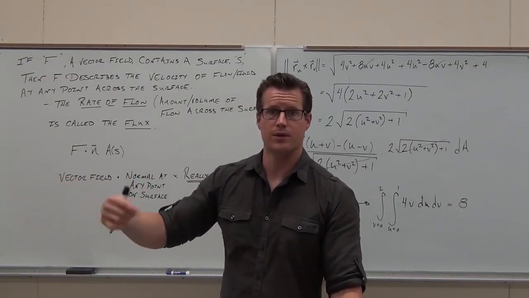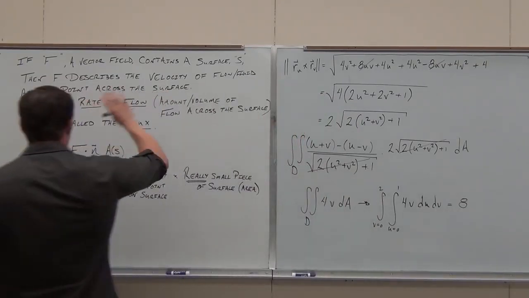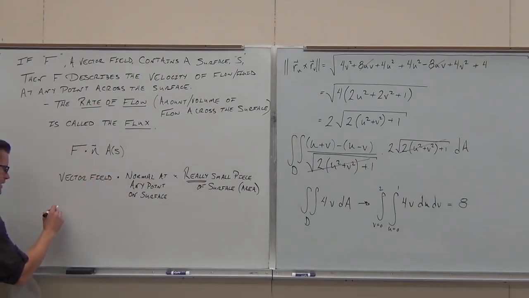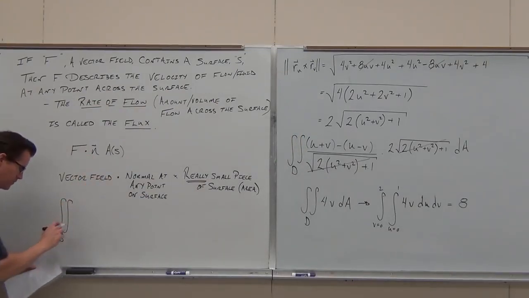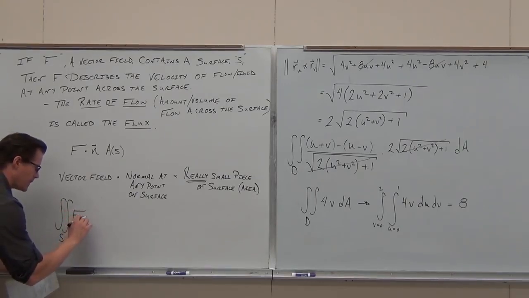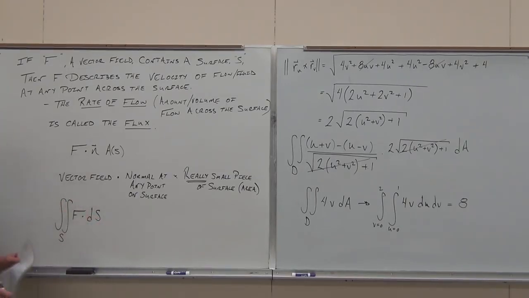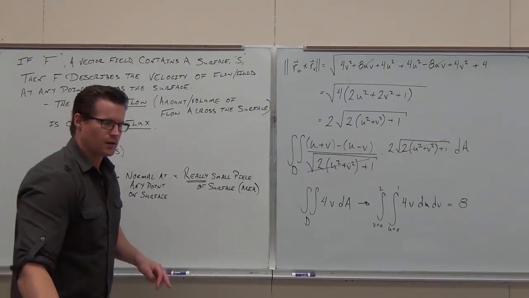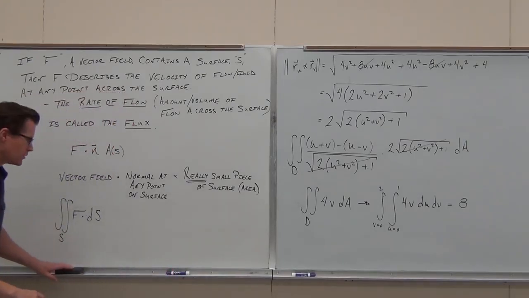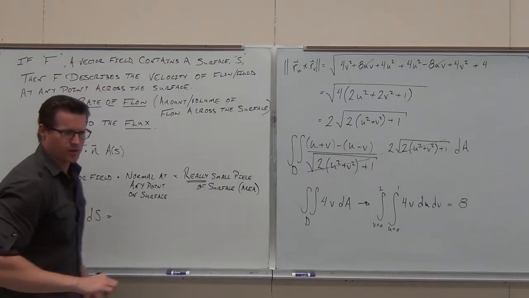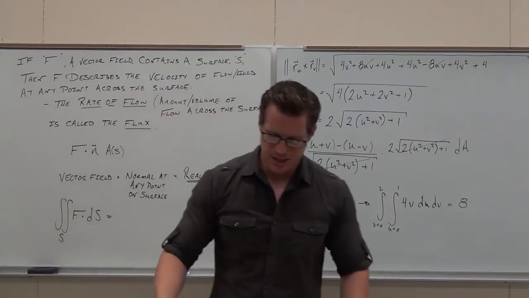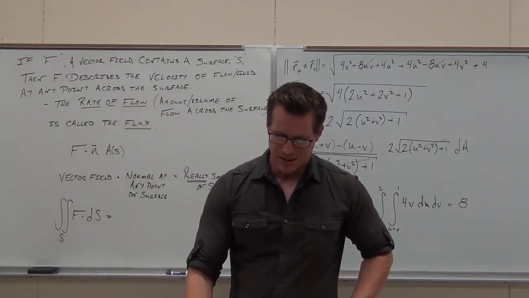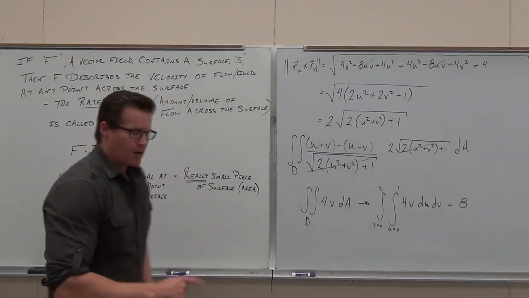And now if you're okay following the idea, if we do this for the entire surface, then we have a surface integral that changes a little bit. I've got to make a little fine point here.